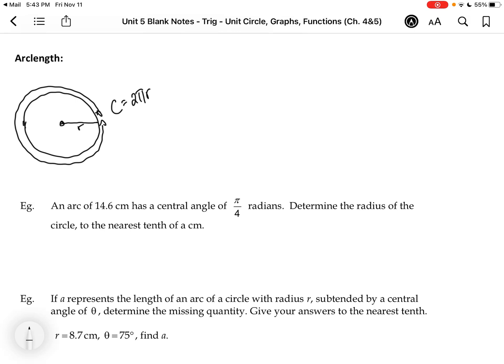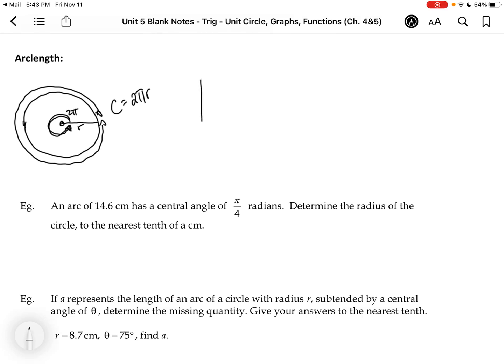So that's one thing to have in the back of our minds. And also, another thing, this angle over here is 2 pi, right? So if I do one full revolution, the central angle over there is 2 pi.